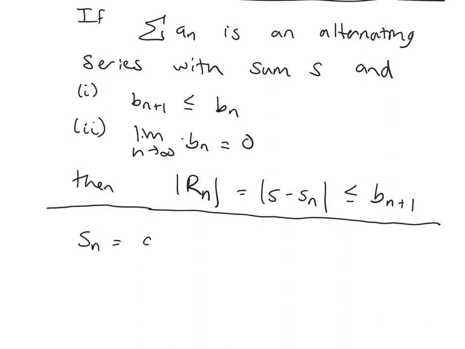What that means is I add up my first several terms, right, up to a sub n. If this is an alternating series, these signs are going to have to change, okay? But what it's telling you is that the error comes from this next term.